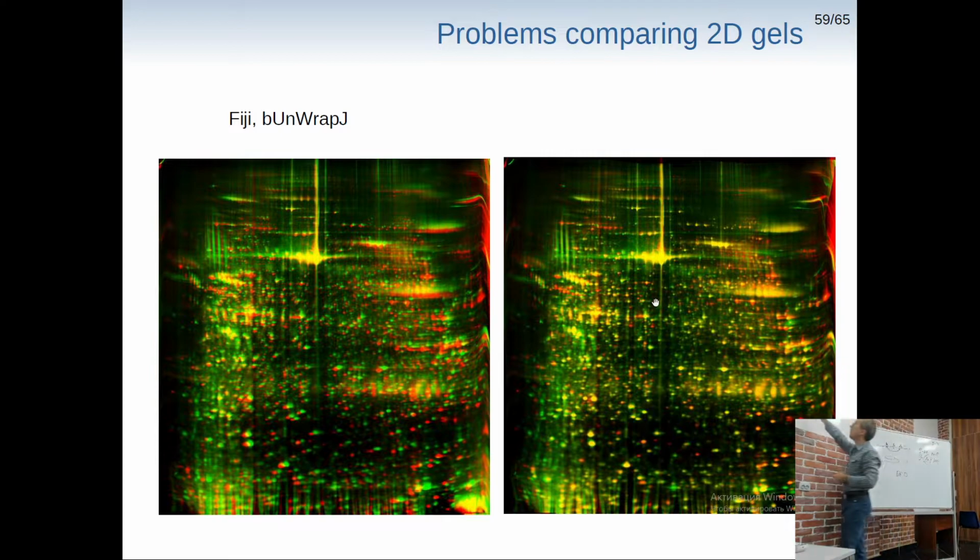And on this aligned picture, you can see the differences. There are some proteins which are red, which are present only in one state. There are some proteins which are green, which are only present in another state, and some yellow ones. But what do you think? Is it possible to quantify those differences from those gels?